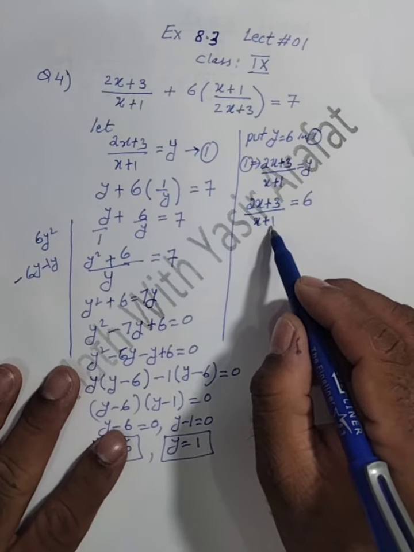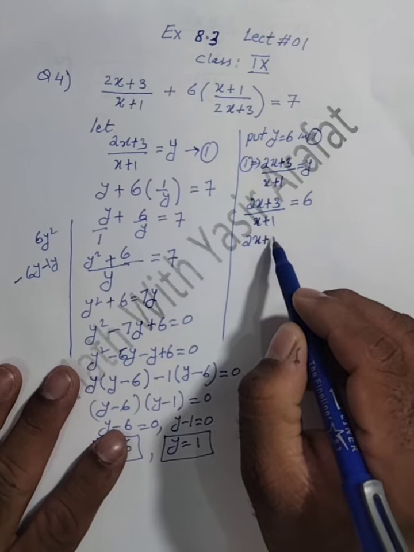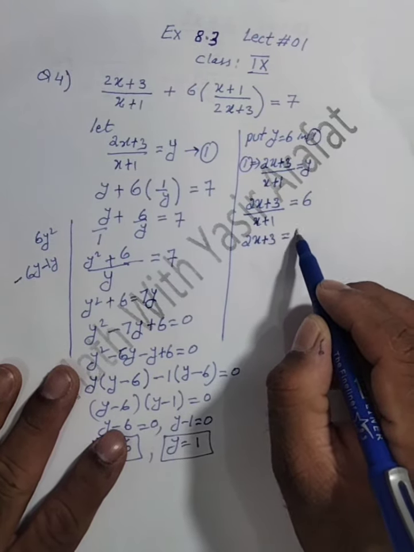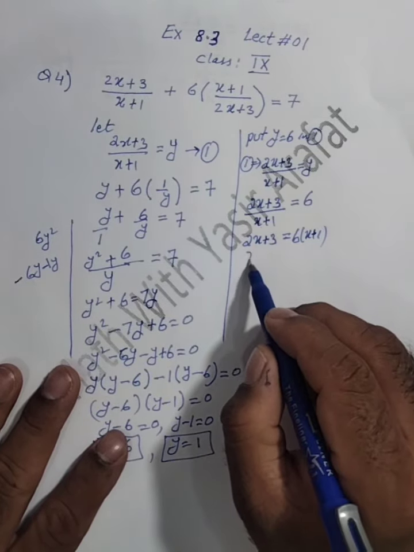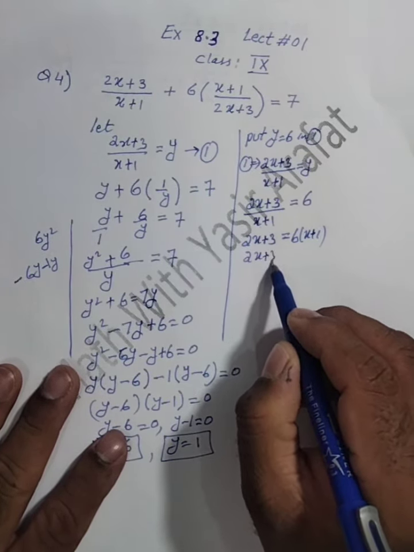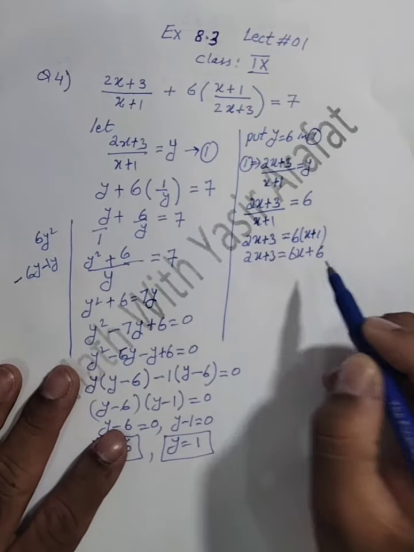X plus 1, we shift to the right hand side, so it will be multiplied with the 6. So this is 6 plus 3, 6 ones are 6, 6x.